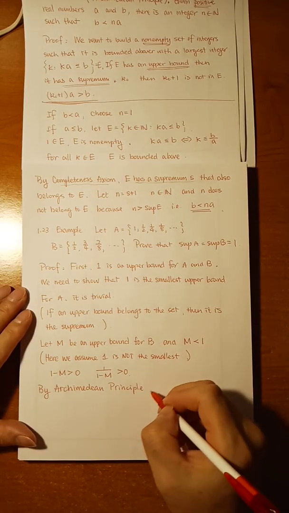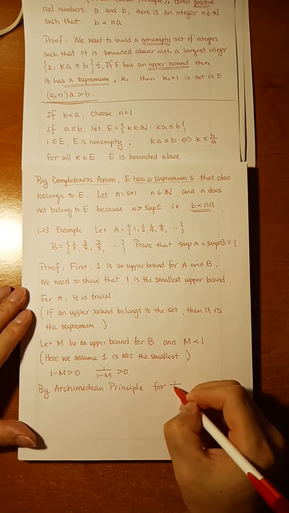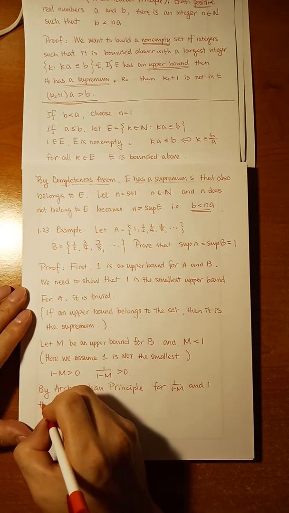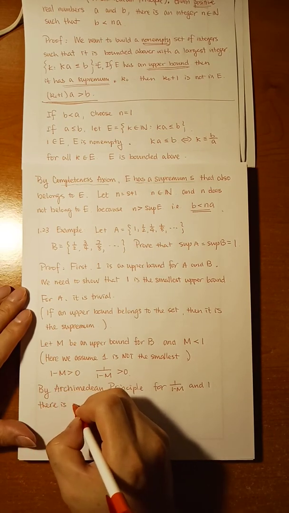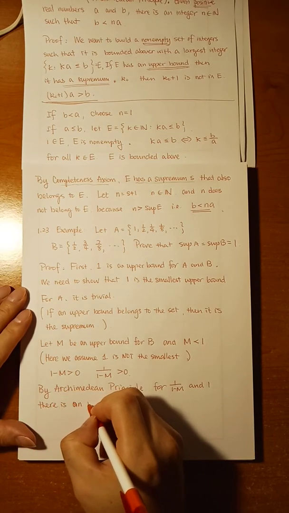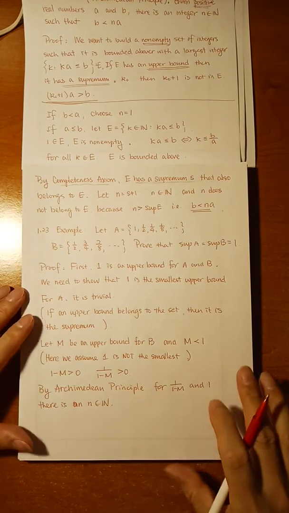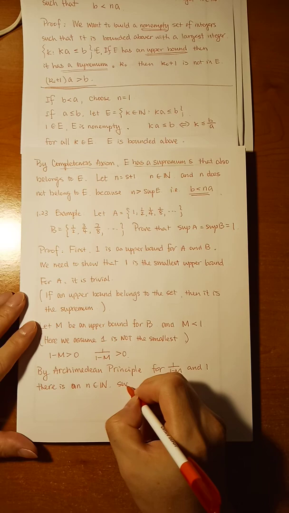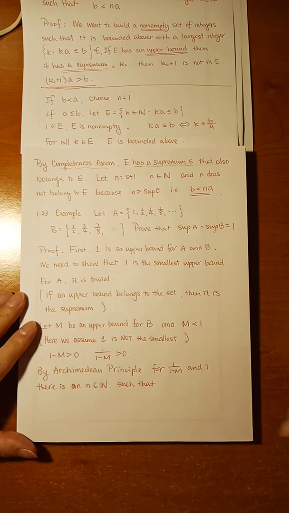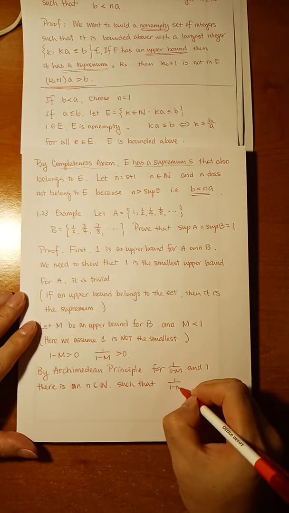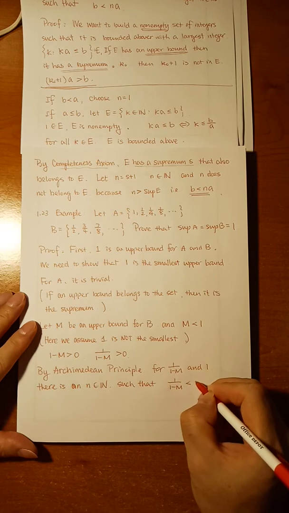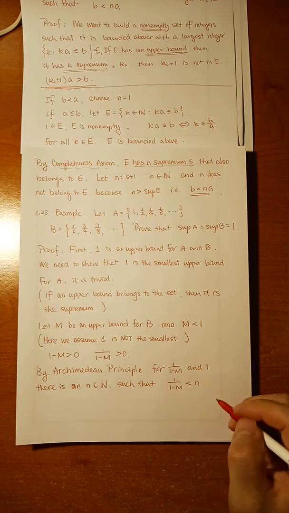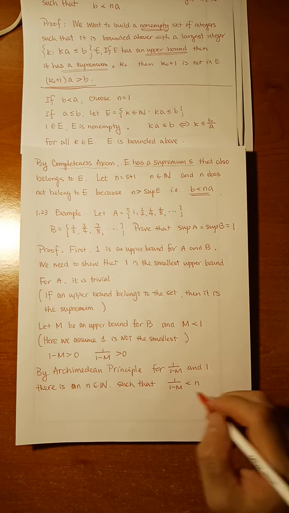We compare 1 over 1 minus M and 1. There is an n in the natural numbers, they are both positive, such that 1 over 1 minus M is less than n. A is 1, B is this quantity.